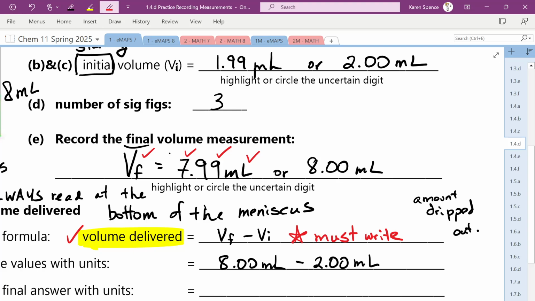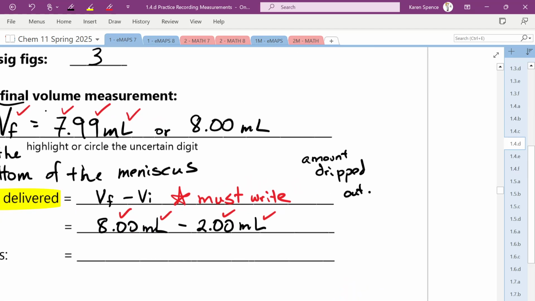You get a mark for the number and the unit, and the number and the unit. If you want to save a little time, you can go 8.00 minus 2.00, all in brackets with the milliliters on the outside. That is also okay.